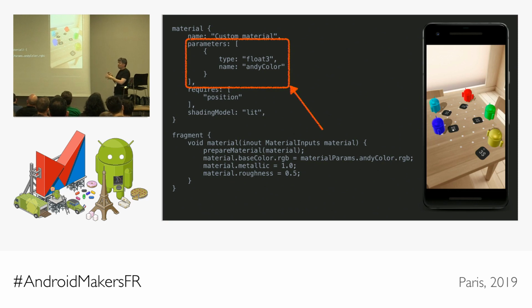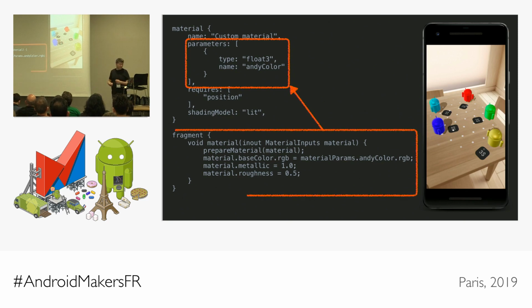So the code in there is all concerned about calculating where light is coming from, what type of surface is represented by that pixel, and making a fancy little calculation that will bring back a pixel colored the right color. This example right here is a very simple one where we changed the properties of the material to become super metallic with a roughness of 0.5. That's why these things look a little bit like aluminum instead of shiny chrome Andy figurines.